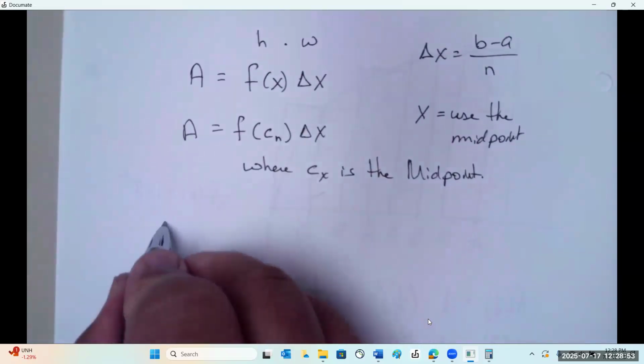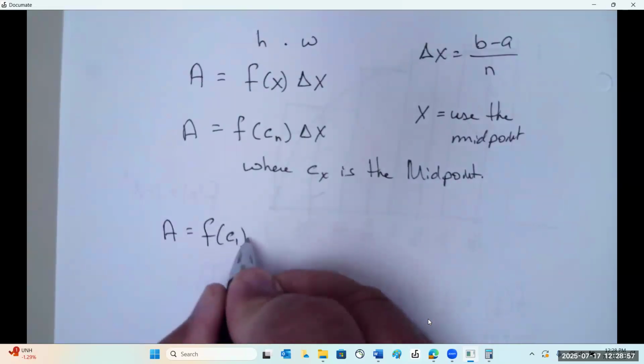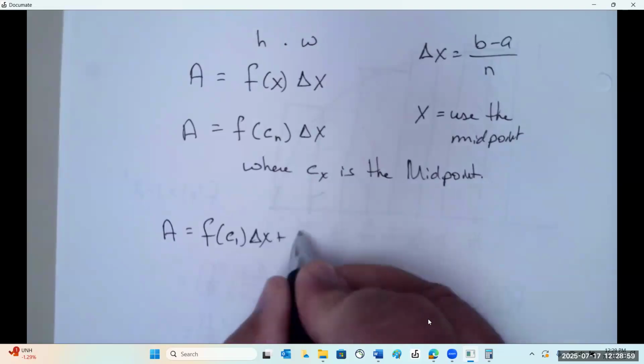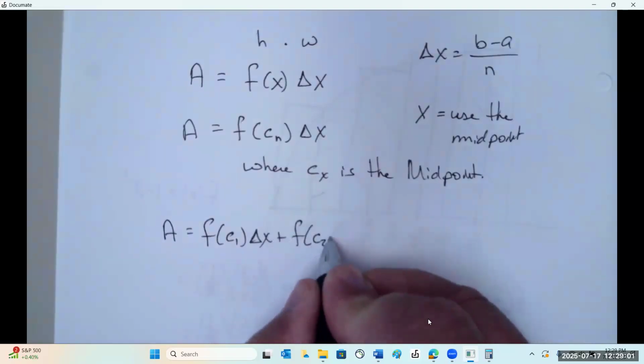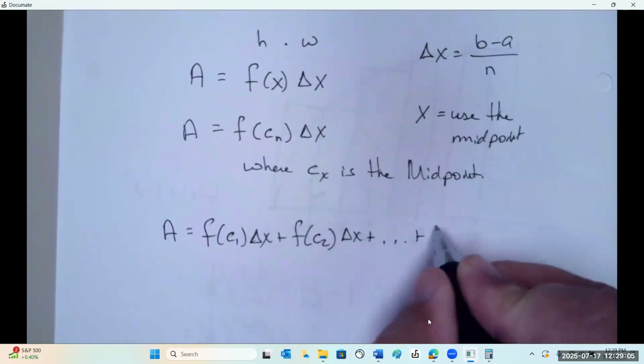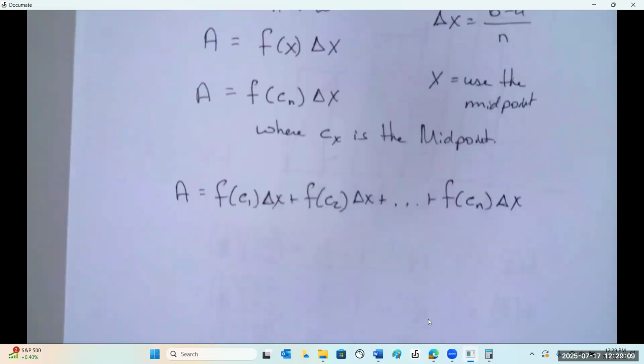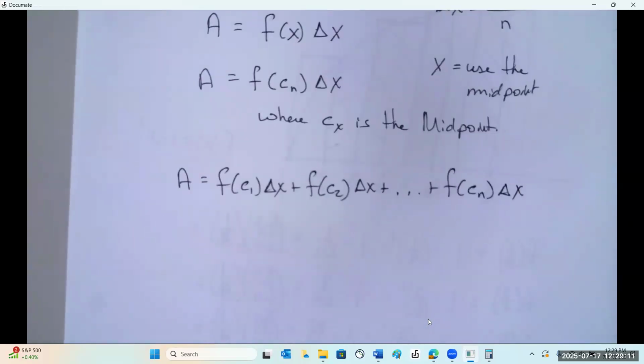And what does that look like? F of C1 delta x plus F of C2 delta x plus up to F of Cn delta x. Of course, the larger your n, the more accurate it becomes.